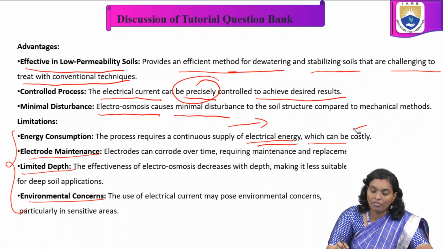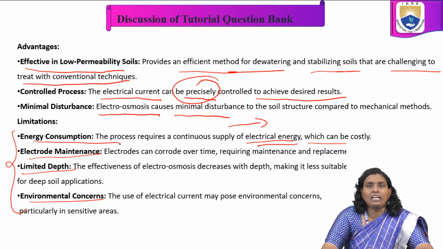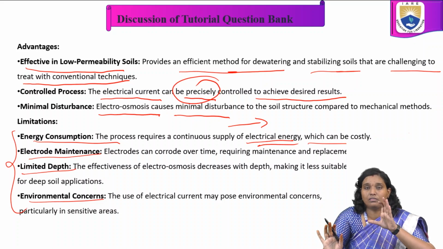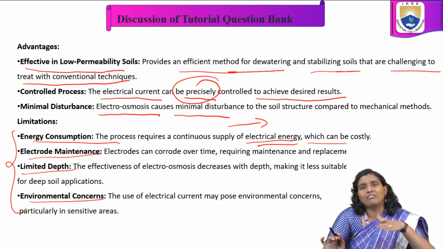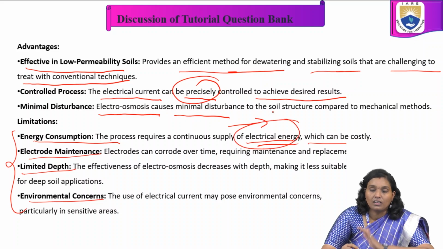So this is one of the disadvantages. Because of this, energy consumption is one of the limitations, since supplying a continuous, controlled flow of electrical current is somewhat difficult and costly.